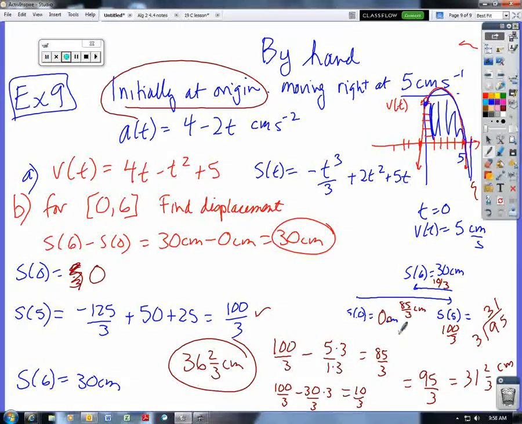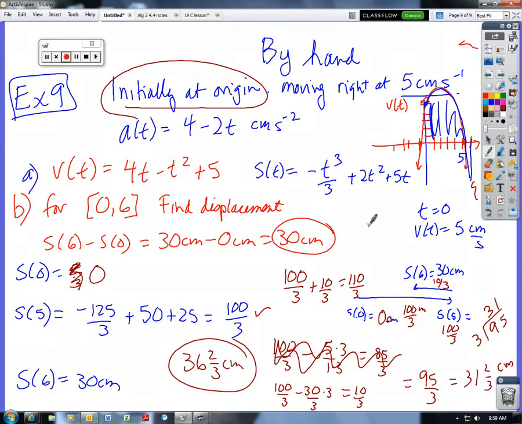So that means this should be 100 thirds minus 0, which is 100 thirds. We're adding 100 thirds plus 10 thirds is how we should be doing this, which is 110 thirds, and that should be 36 and 2/3.